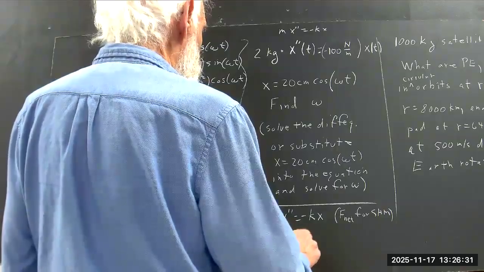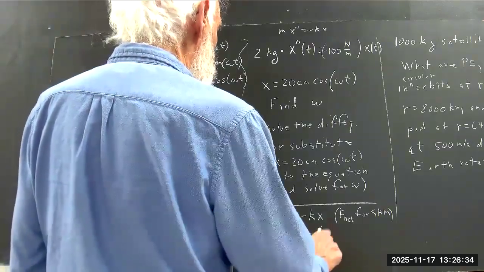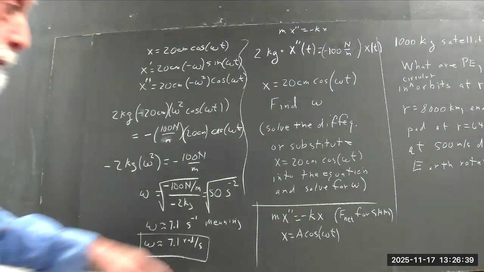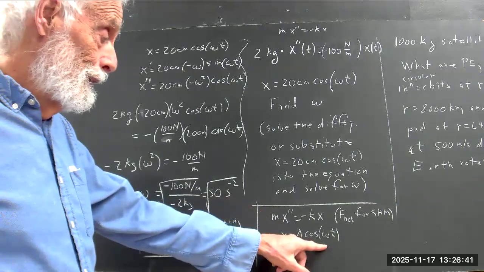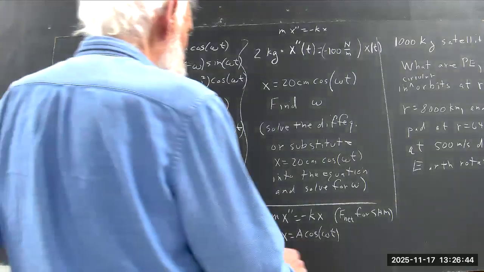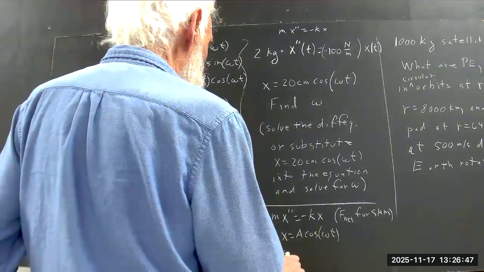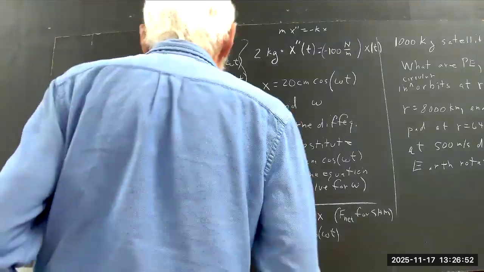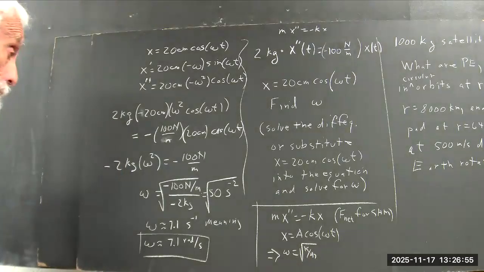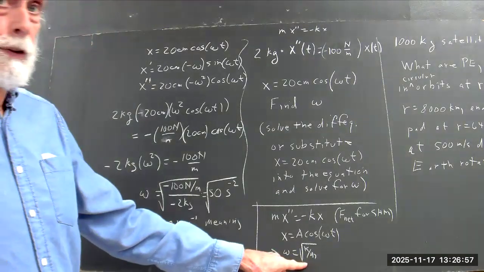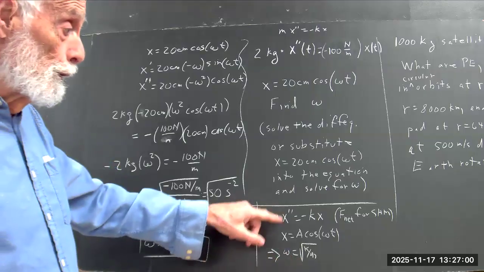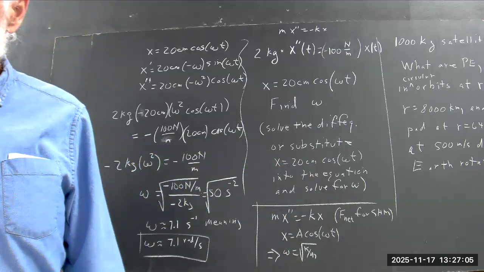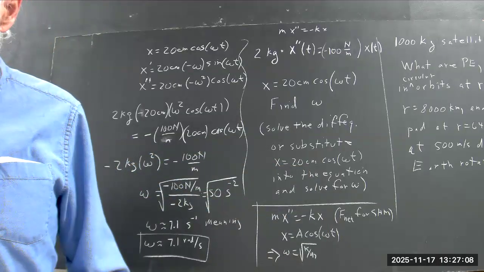And then x equals a cosine omega t. Like this in here, and you find that omega is the square root of k over m, which is not something you just memorize, something you understand from the principle that this is net force equal to restoring force, which is the condition for simple harmonic motion.